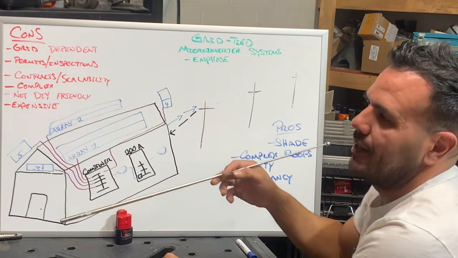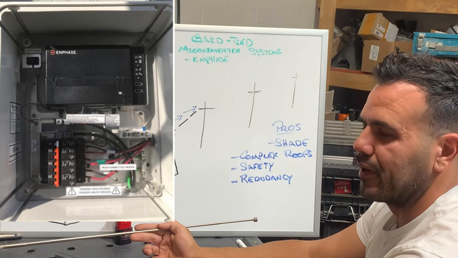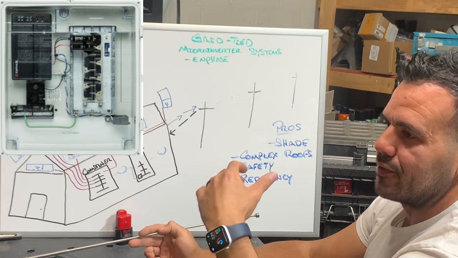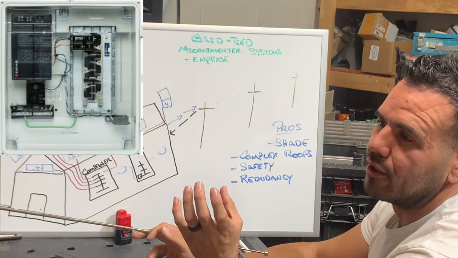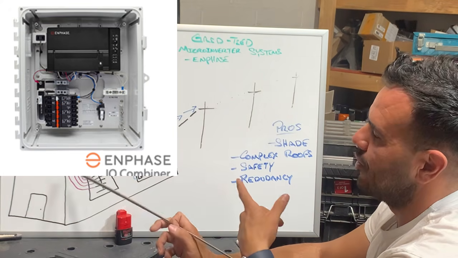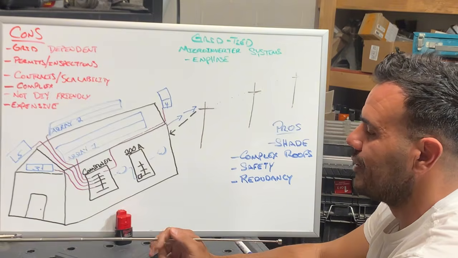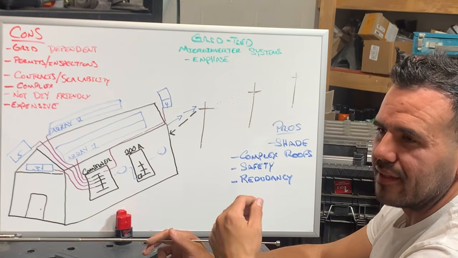And inside the combiner box, it's just like a sub panel. It's going to look very similar to a regular sub panel where you're going to have a bunch of bus bars and breakers, but somewhere inside this combiner box, you're also going to have a computer and sensors. And in the Enphase family, the computer is called the Envoy, but I've also heard in other systems or other brands, it's called the Gateway or the Smart Hub.